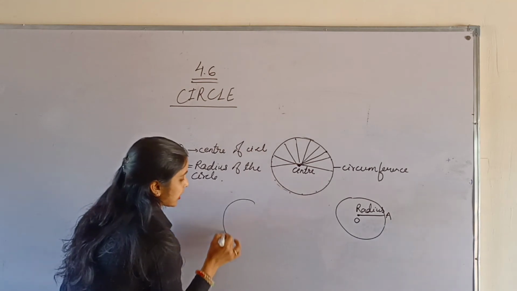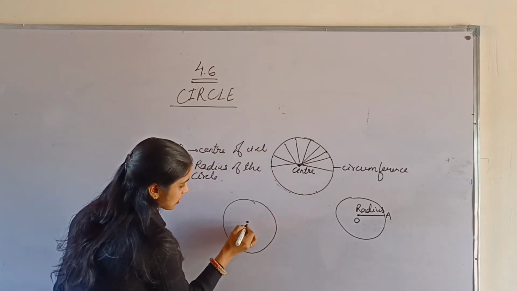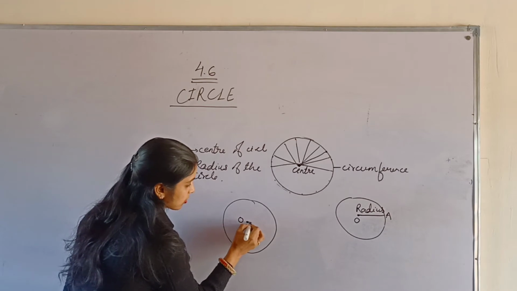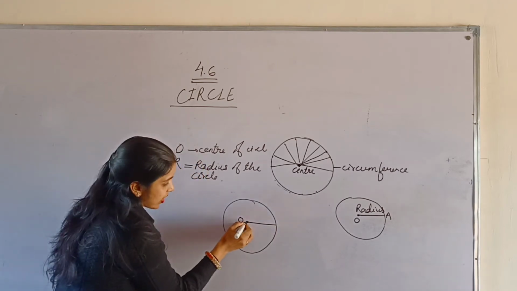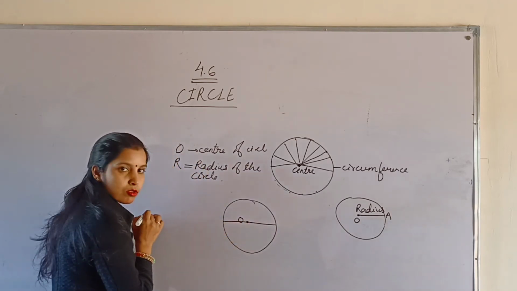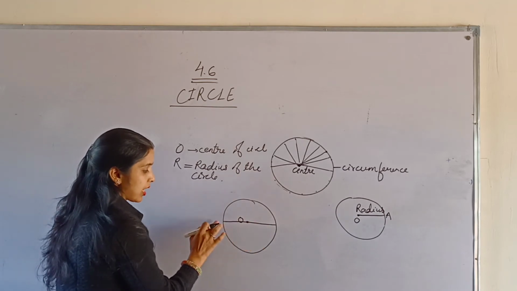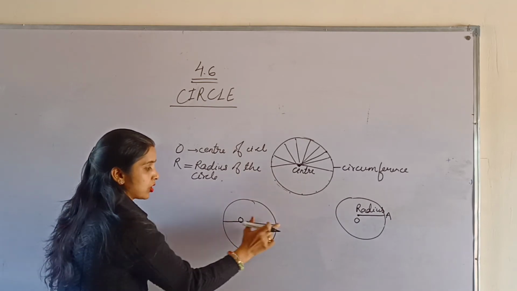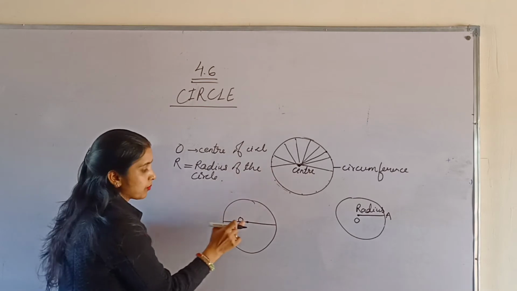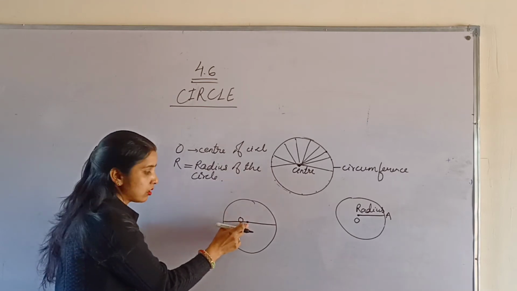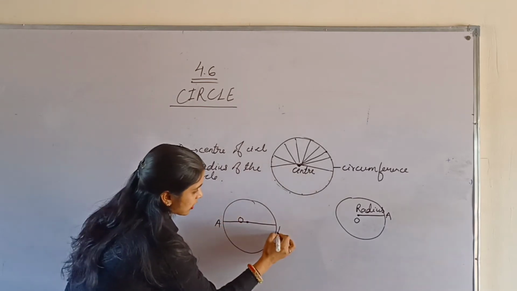Now see, in a circle, this is the center, this is the radius, and if I draw this radius to the back side also, a line drawn touching the circle at 2 points and passing through the center is called a diameter.